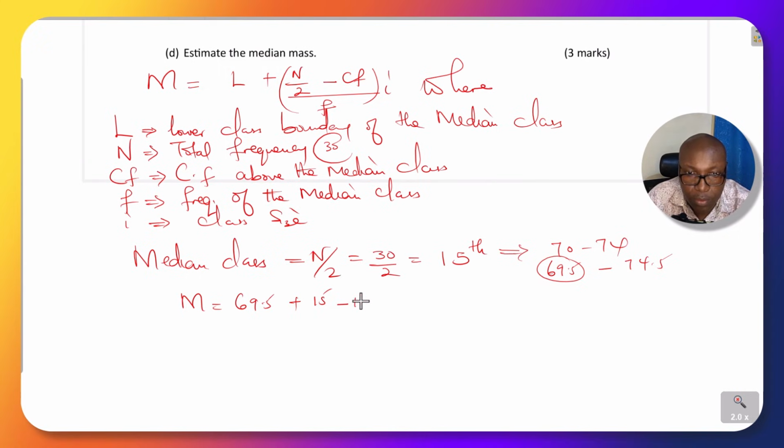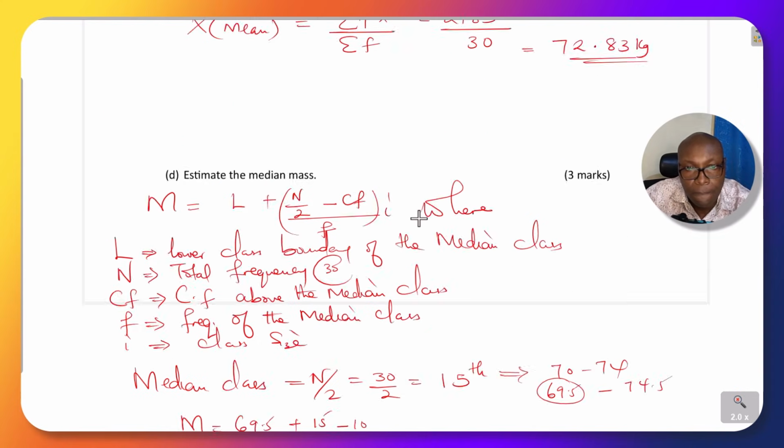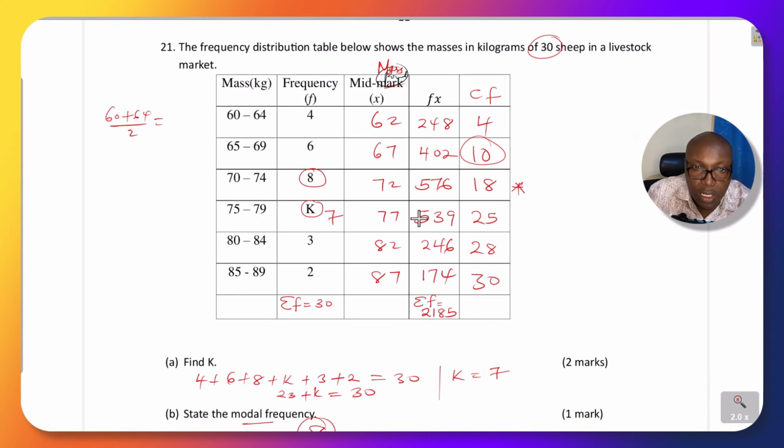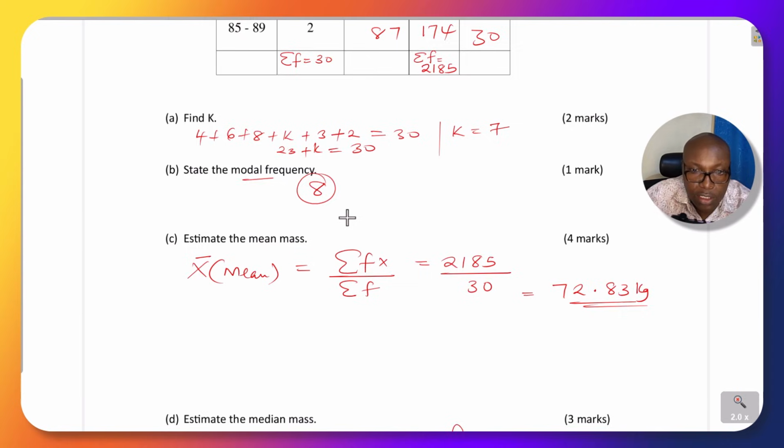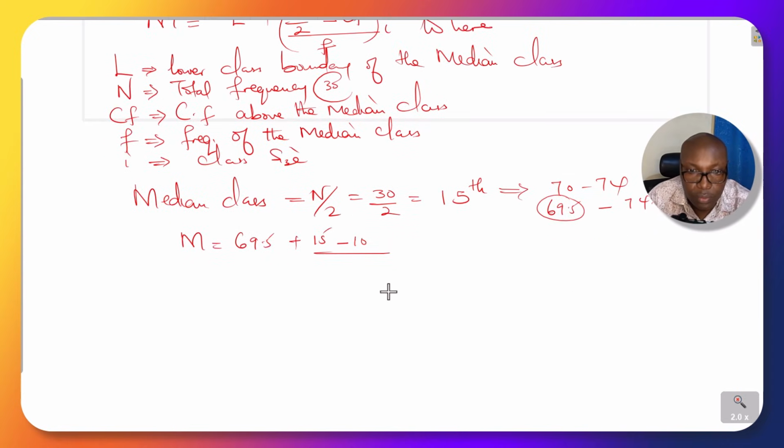So subtract 10. Then divide by F, that is the frequency of the median class, which is 8. That class, 70 to 74, the frequency of that class is 8. Everything multiplied by the class size. How do you get the class size?